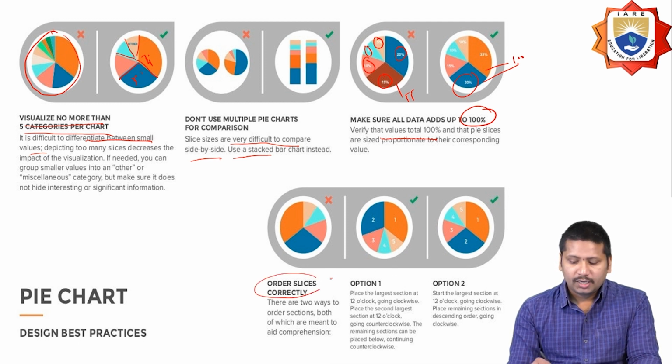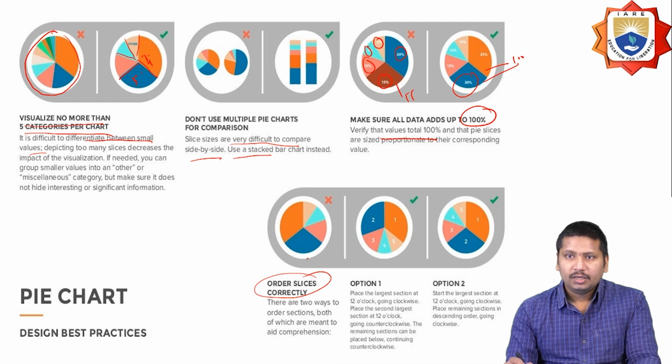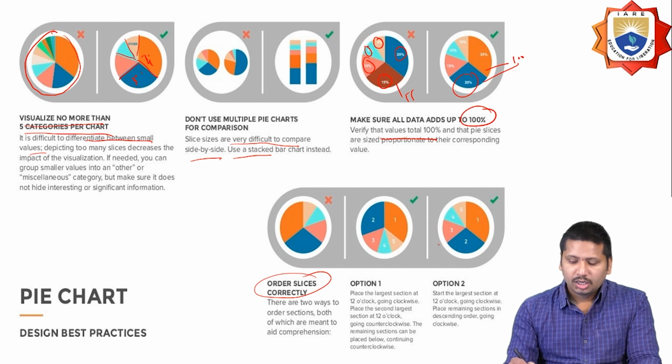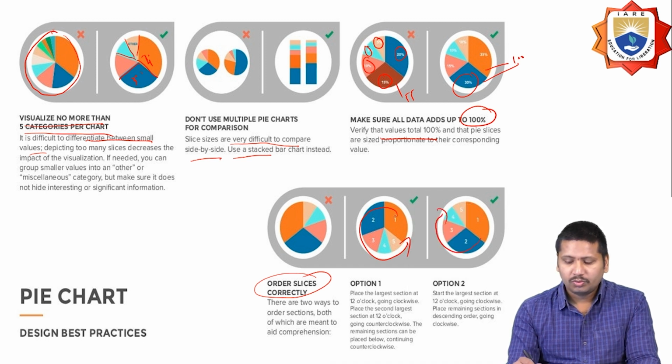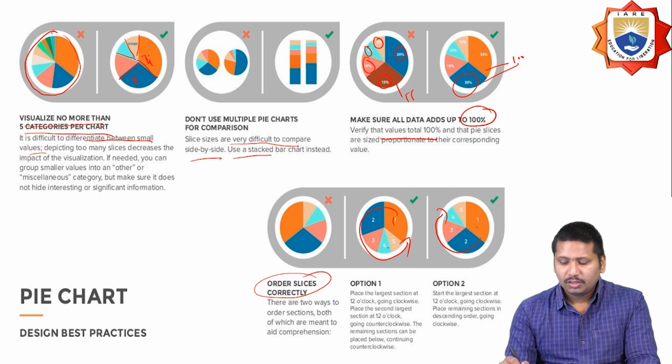Next one, order slices correctly, option 1 and option 2. That means for the ordering of slices, either a clockwise direction or an anti-clockwise direction has to be considered. So 1, 2, 3, 4, 5 clockwise, and 1, 2, 3, 4, 5 anti-clockwise.